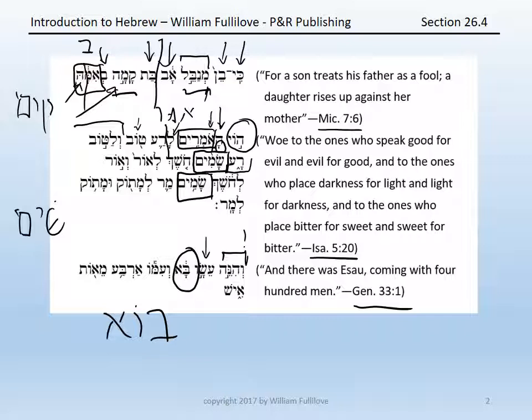In context, the participle is more likely, but the participle is chosen only because of a contextual judgment, not because the form itself can help us understand the difference. And look, Esau was coming, and with him, arba me'ot, 400 men.